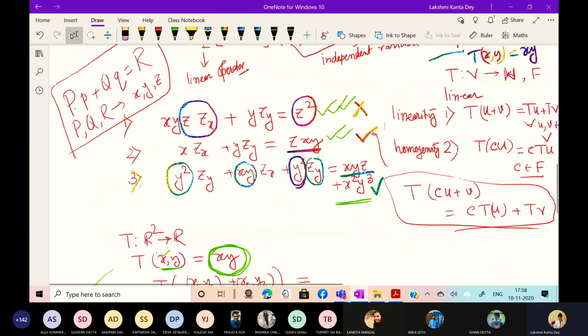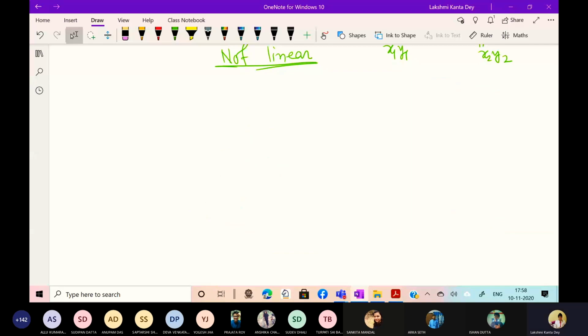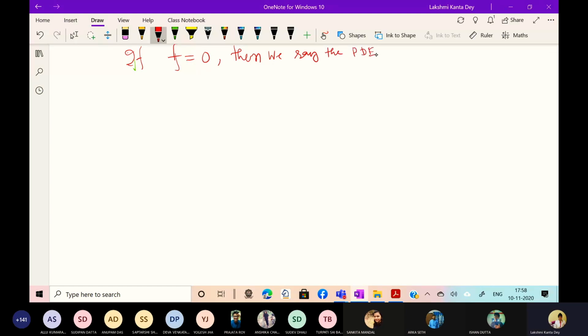Next, there is one more definition. For this particular linear partial differential equation, if your f is equal to 0, then we say the PDE is homogeneous.